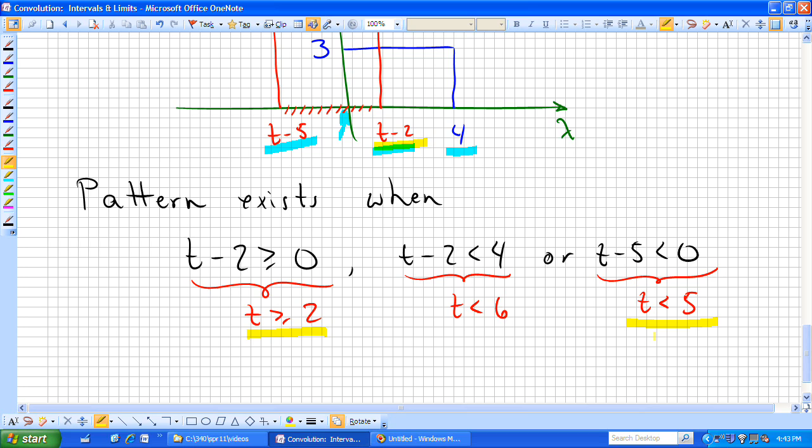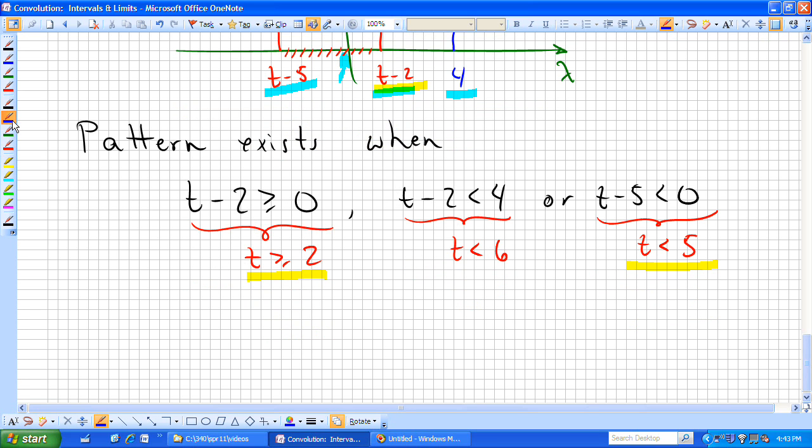Those are the most confining relationships for this particular pattern to exist. Let me just go ahead and write that down. This pattern is true for t greater than or equal to 2 and less than 5.